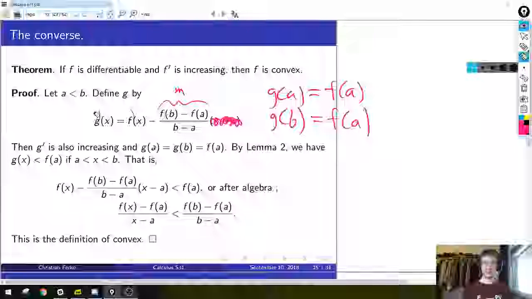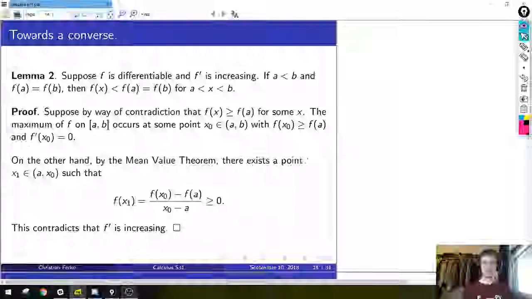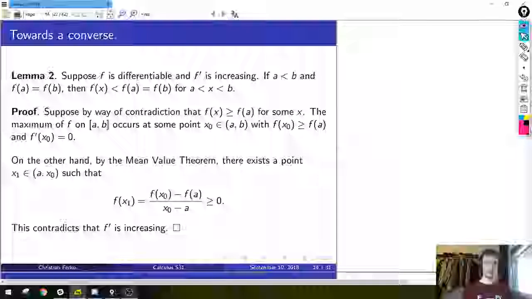Okay, so that's good. It's good because now this function we've cooked up satisfies the two conditions of lemma 2. Of course it's differentiable, but the derivative has to be increasing, and the value at the endpoint has to be the same. So now g satisfies that. g prime is also increasing, and the values at the endpoints are the same. So then we can apply the lemma. If those assumptions are true, the conclusion must be true, which is that the function value is always strictly less than its value at the endpoints.